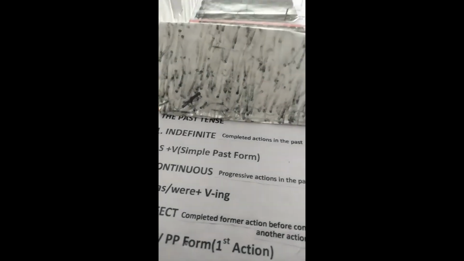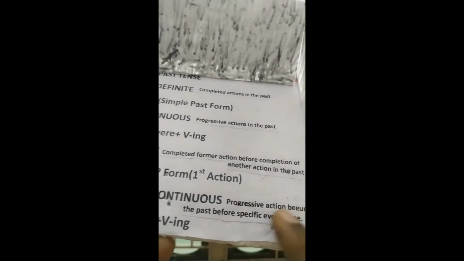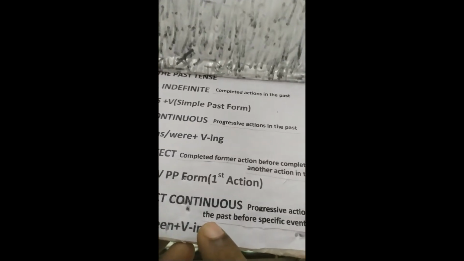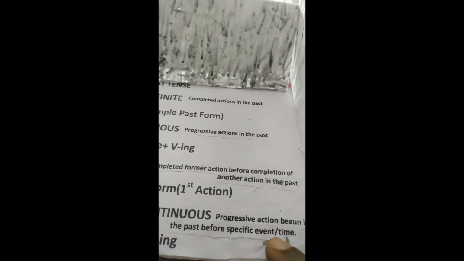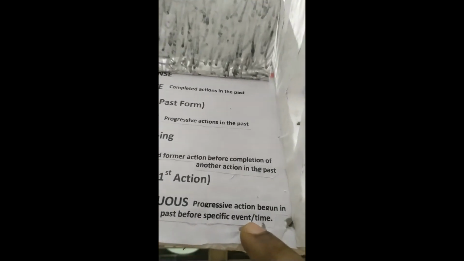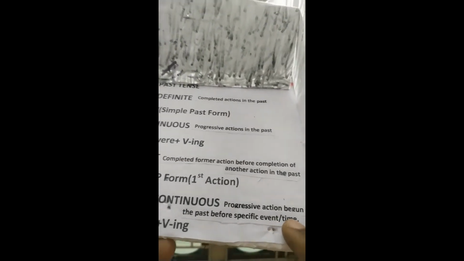This is the definition of the past perfect continuous tense. It indicates a progressive or continuous action begun in the past before a specific event or before a specific time in the past.